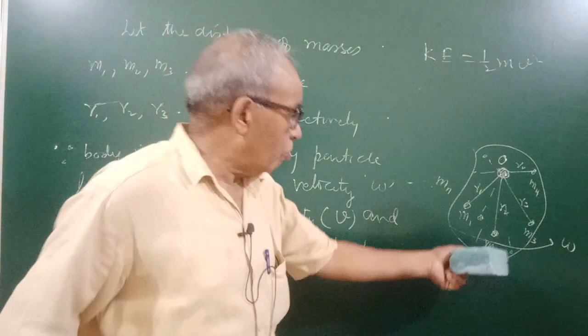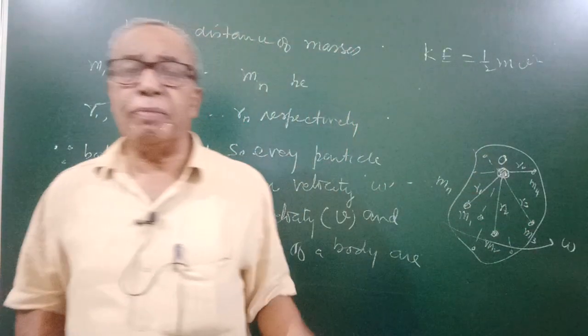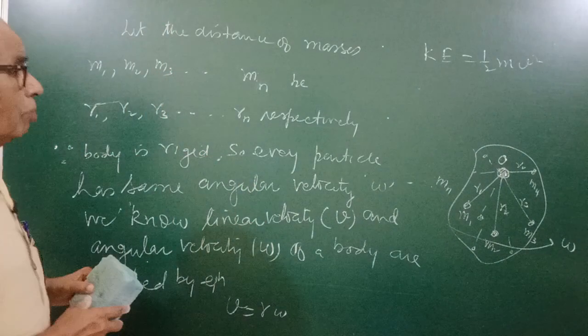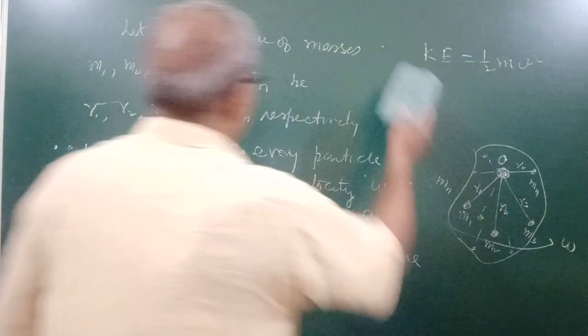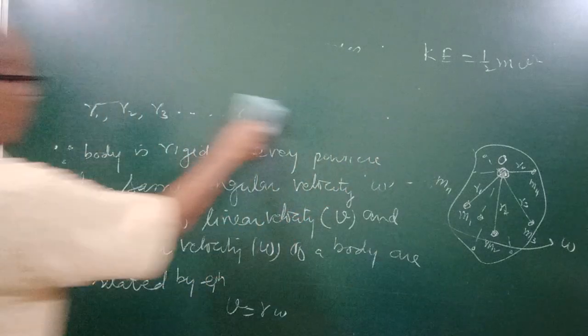Every point mass m1, m2, m3, m4 has the same angular velocity, but because of their distance from the axis of rotation, their linear velocities are different.